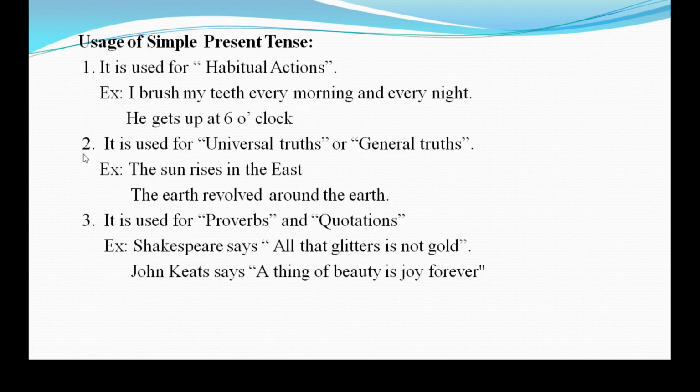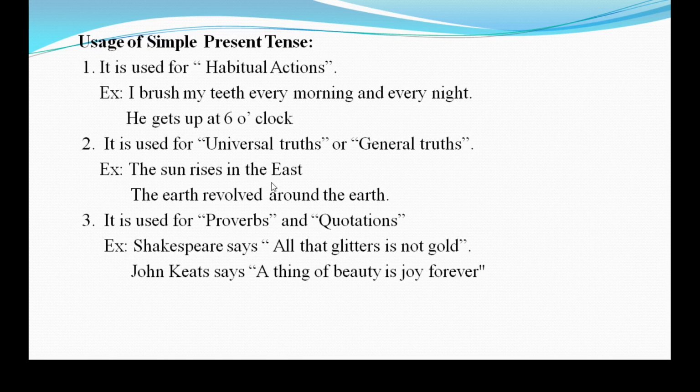We also use the simple present tense for universal truths or general truths. Universal truths means facts. For example, the sun rises in the east. The earth revolves around the sun.